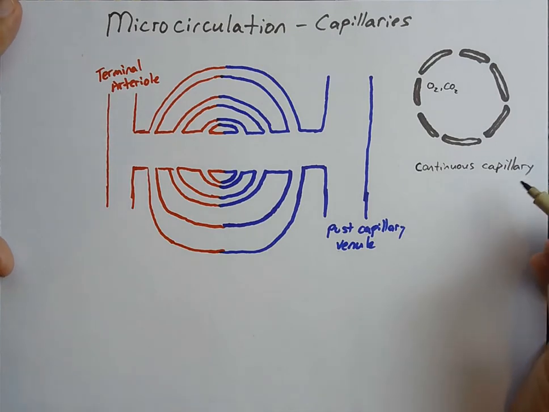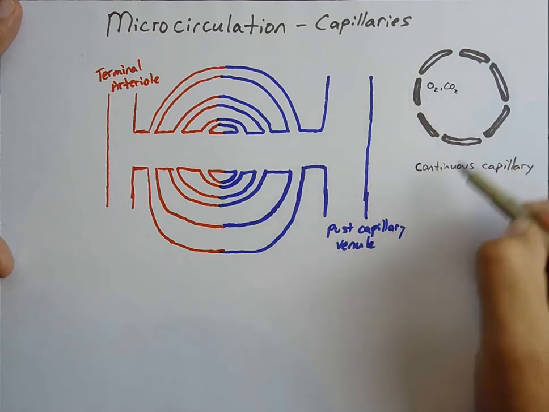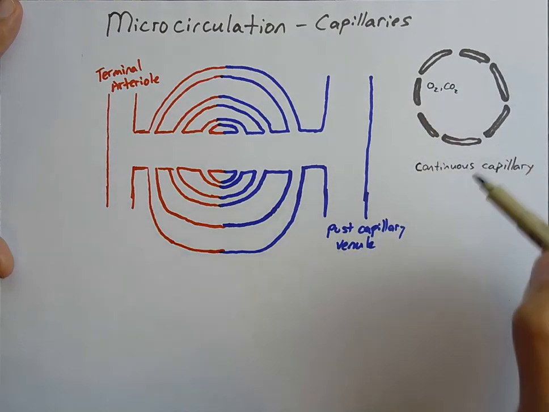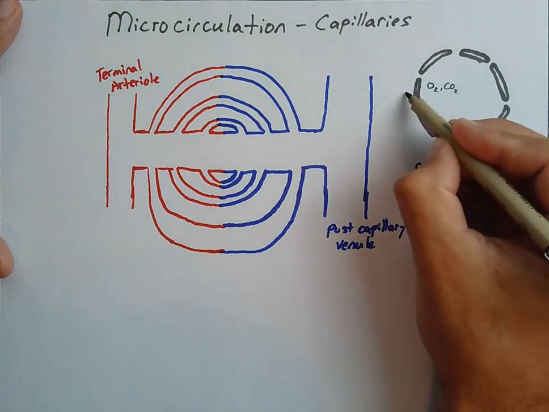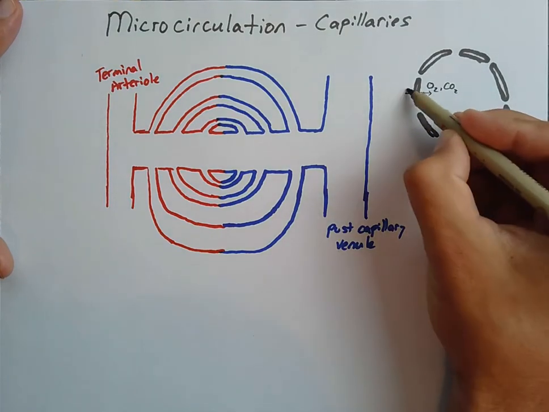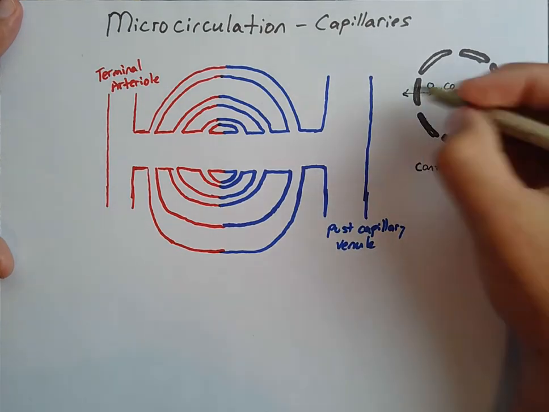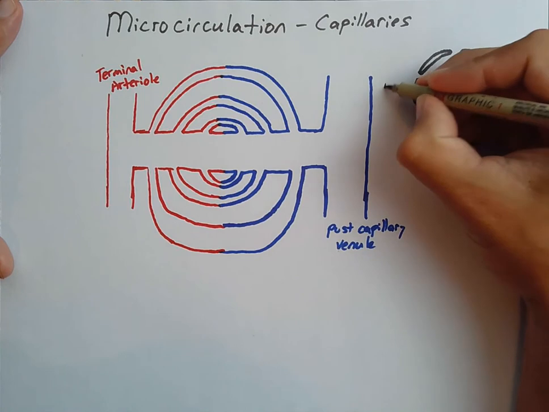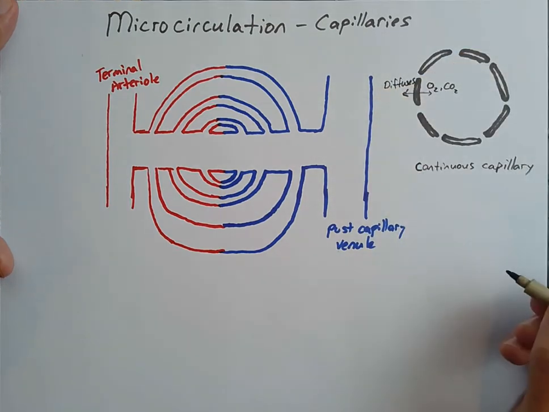And they're going to be able to diffuse across this cell membrane very rapidly because capillaries have simple squamous epithelial tissue, which is extremely thin, which is going to promote the rate of diffusion across this cell membrane. So all of this oxygen and CO2 can simply pass via diffusion, right? So it's going to diffuse across that cell membrane.